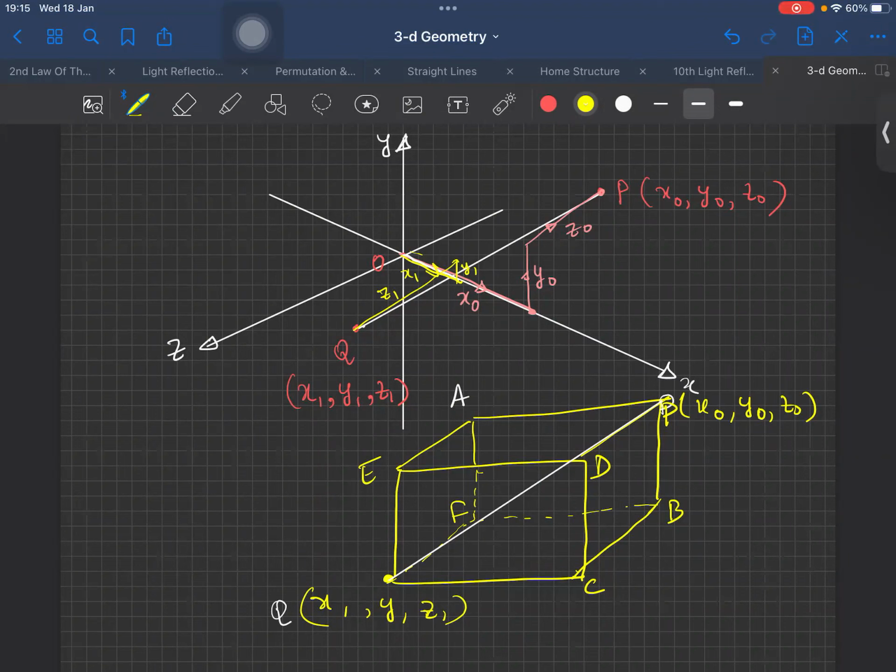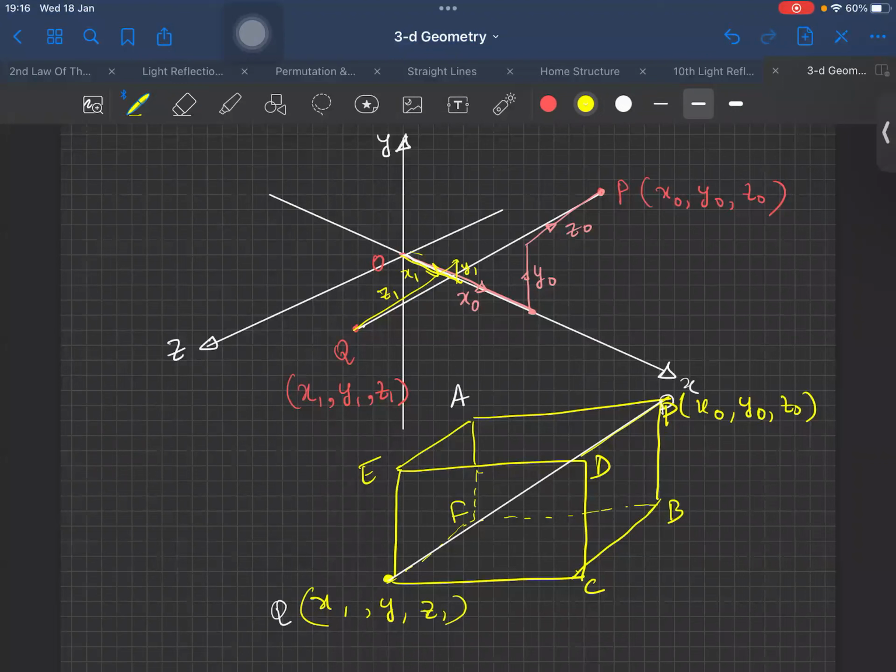I'm really sorry, I completely forgot the name of the chapter, but you have studied face-centered, body-centered, these types of structures. In physics also, there are problems based on this, right?